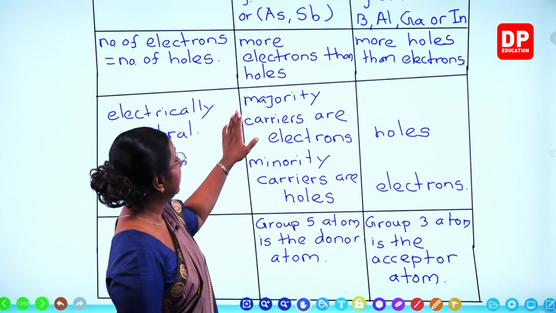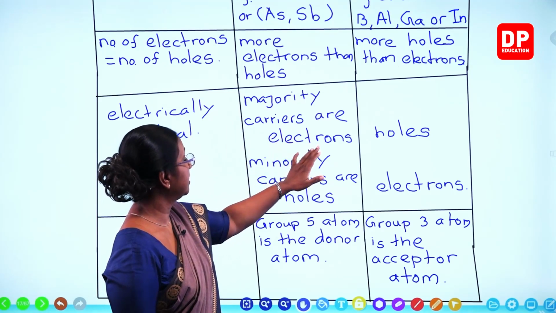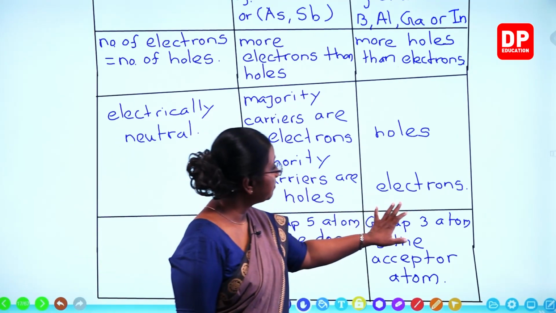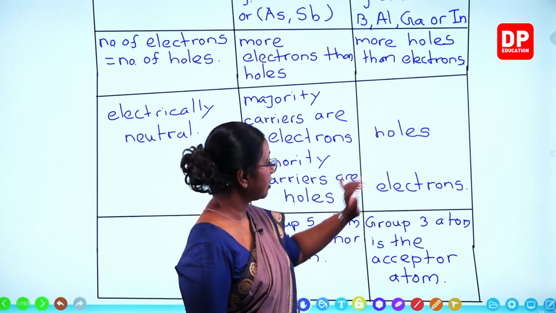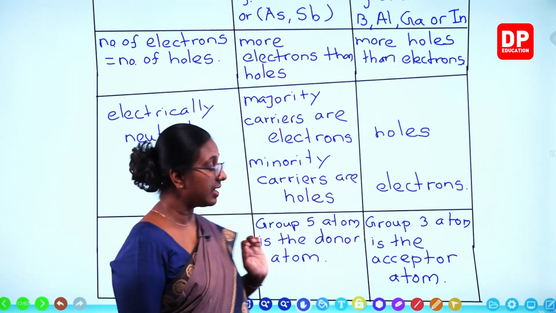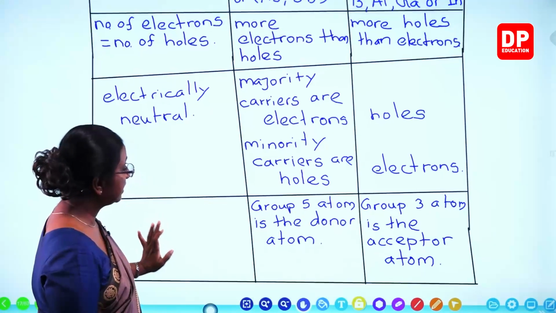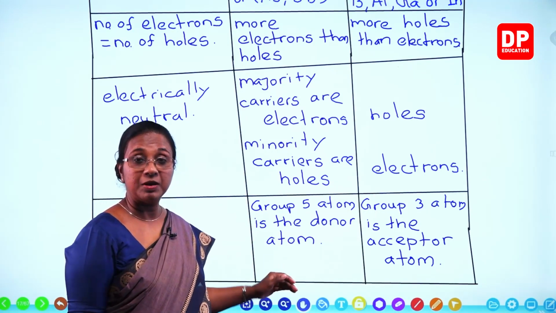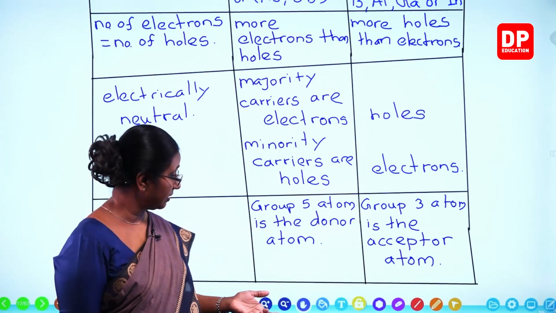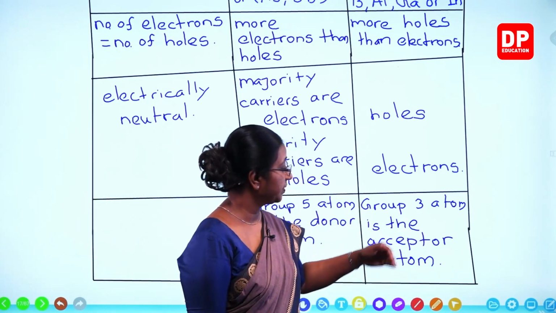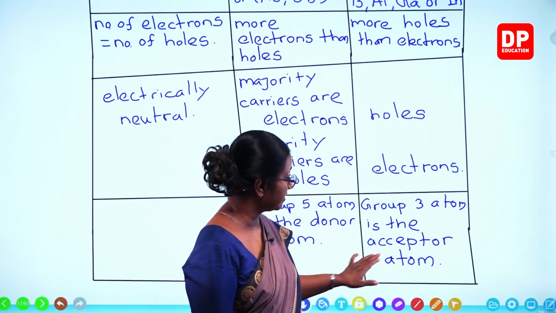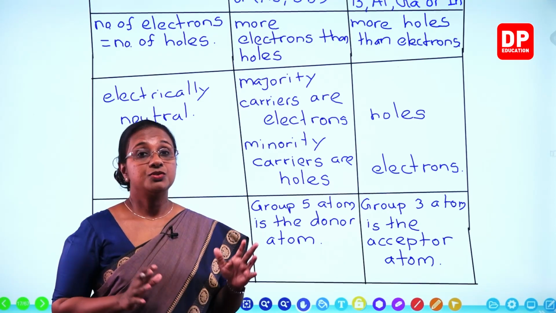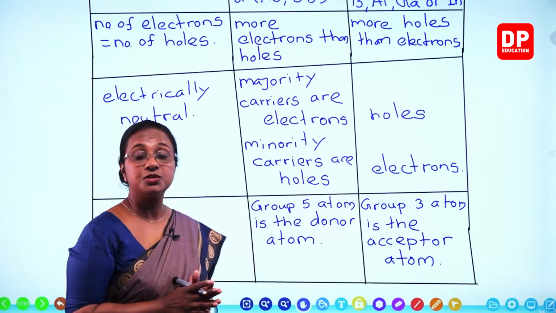But here, in an N-type, majority carriers are electrons, minority carriers are holes. But in a P-type, majority carriers are holes and minority carriers are electrons. And finally, we saw that the group 5 atom is called the donor atom because it donates an electron. Whereas the group 3 atom that generates the hole is known as an acceptor atom. Is that clear, students? So we discussed all these so far.